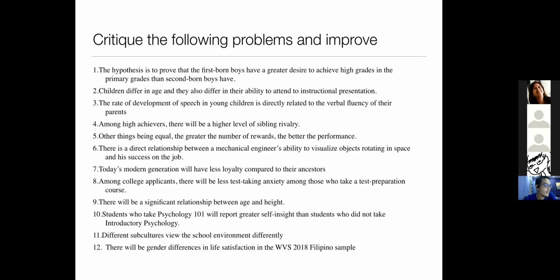Group 2? Oh, ma'am. So for number 4, among high achievers, there will be a higher level of sibling rivalry. The criticism here is that there's no comparison group for high achievers. So the way we rewrote it is there is a higher level of sibling rivalry among high achievers as compared to low achievers. Okay.